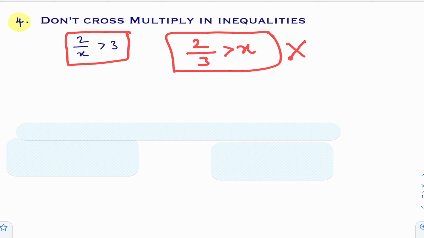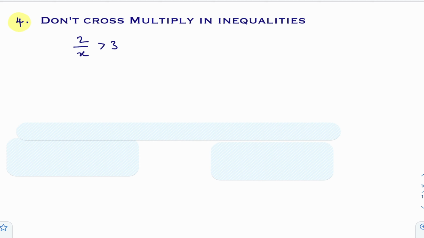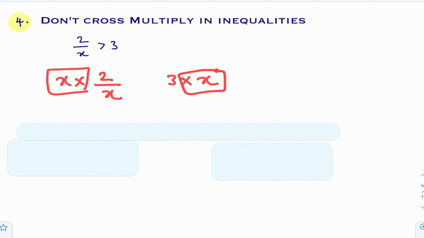We cannot cross multiply. What we can do, if you want to solve this, is multiply. See, I'll multiply with x on both sides. If I write like this, on the left-hand side you observe x will get cancelled. Now the point is, as we are multiplying with some number, the inequality sign changes or remains the same.